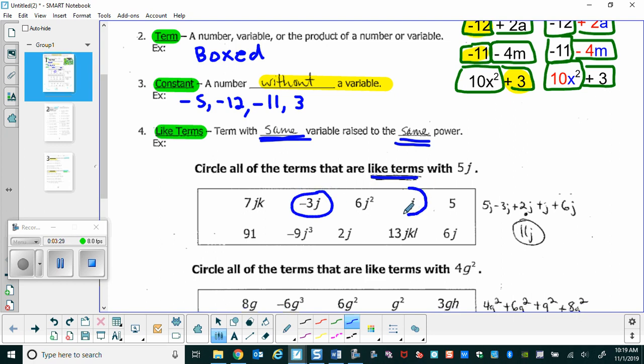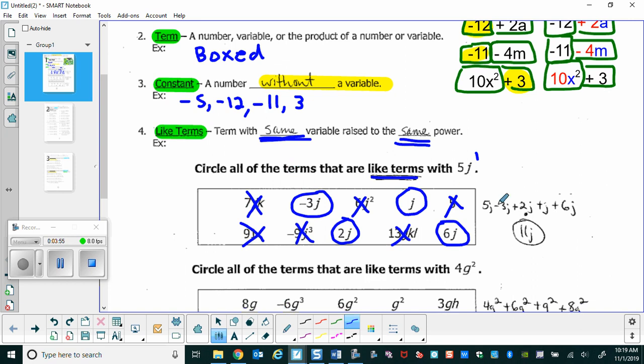Then I could add a j, I could add a 2j, and I could add a 6j. So these are all of the terms that have a j to the first power. Notice we didn't select j squareds, we didn't select j cubes. We didn't select jk's, we didn't select jkl's, we didn't select constants, we just went after anything that was a j.